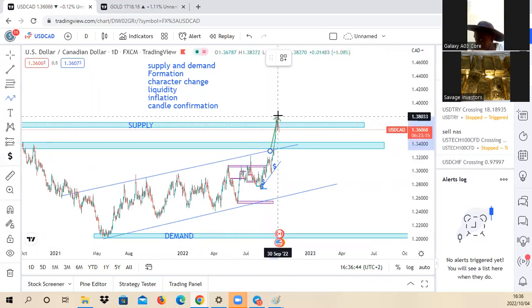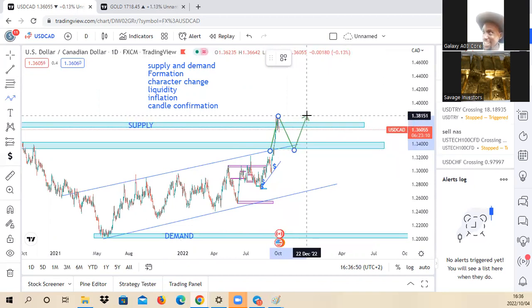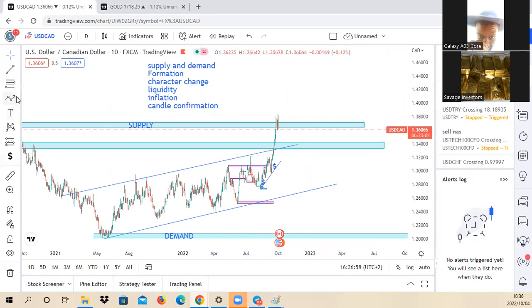So after it broke, is a reaction. So the market is going to come back here. Then it's looking to come back again. You see that? It's looking to come back again. From here, collect. And then at this point, we will know what will happen.